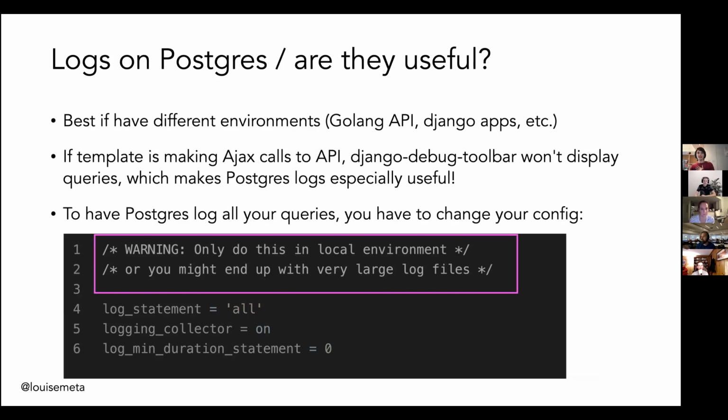So a warning, don't ever do that on production, because one thing that you could end up with is gigantic log files on your production. If you enable all of your Postgres logs on production, you can imagine what happens if you have suddenly 1,000 people using your app, and each of these 1,000 people is doing maybe only 10 or 15 queries, but then you have 15,000 queries in a log file somewhere, and this goes on and on and on, and you end up with gigabytes of files.